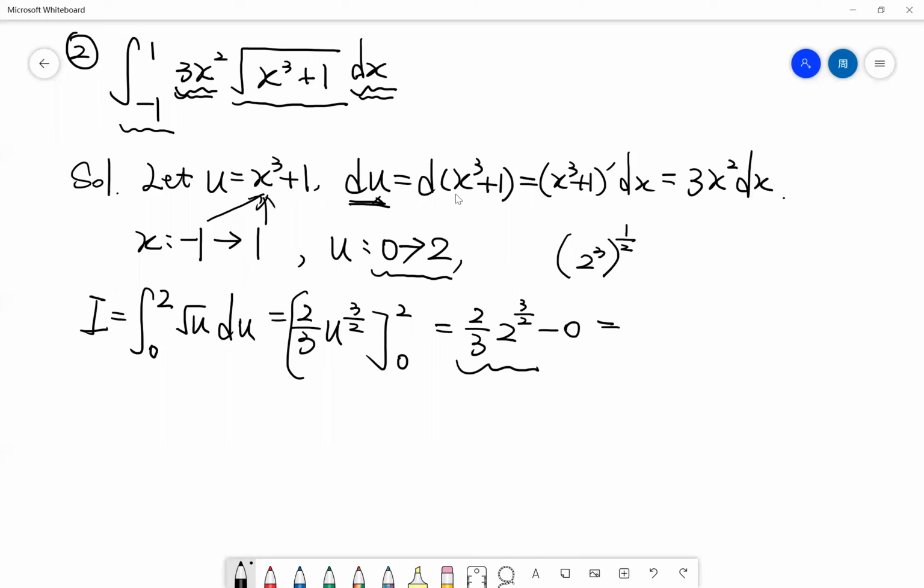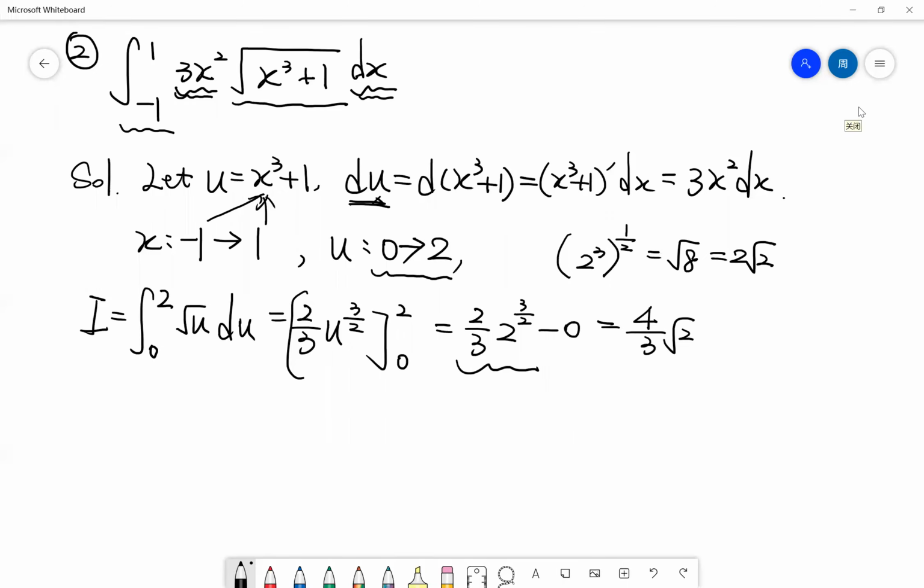So that means square root of 8, which equals 2 times the square root of 2. So we can get the final result, that is 4/3 times the square root of 2. And this is the result for this question.